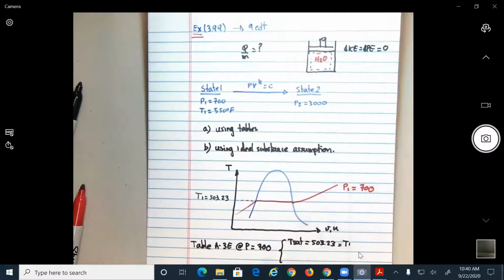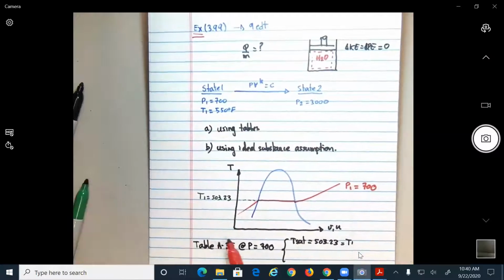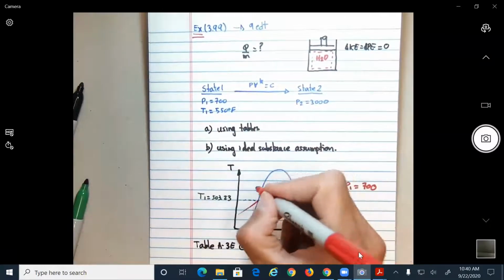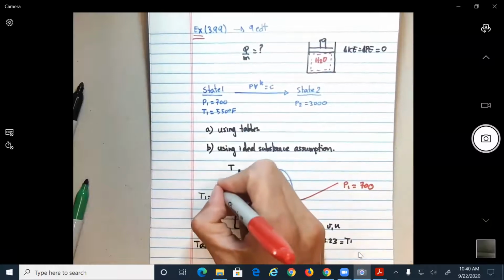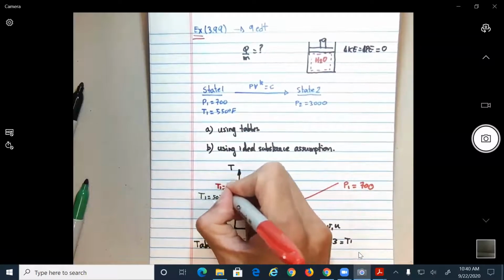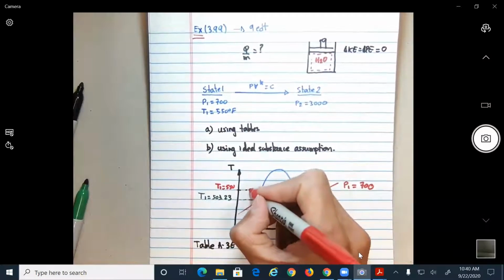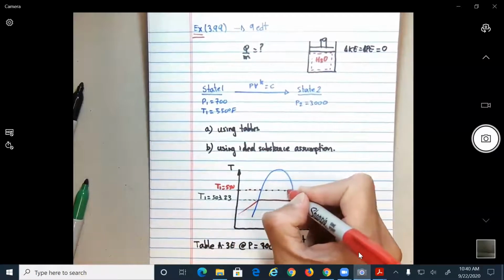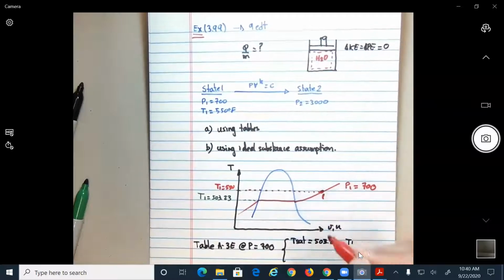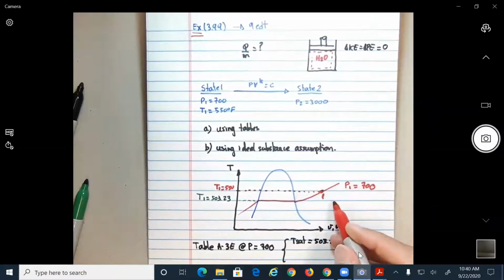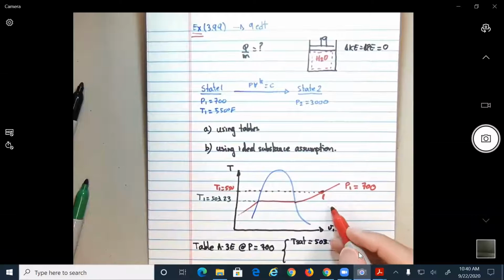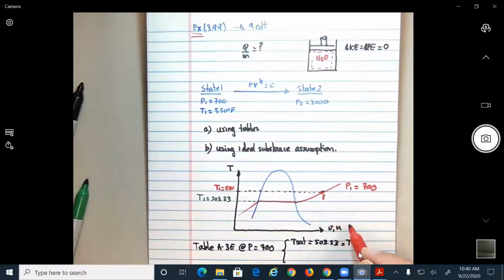So if the temperature is 550, let's say this is T1, what would be state one? State one would be on the superheated or the gas region, vapor region. All right? You see how you need to find the state of the substance, no? Again, this is practice. You need to practice to do it.